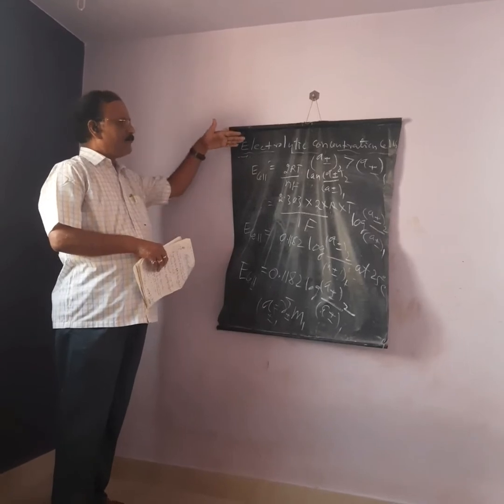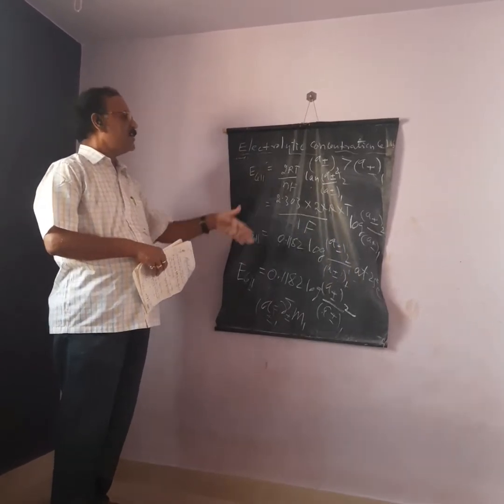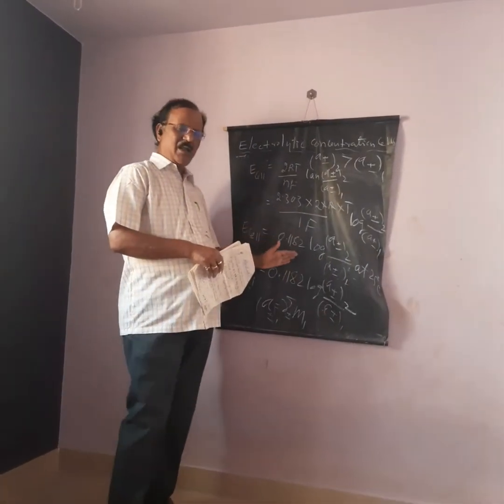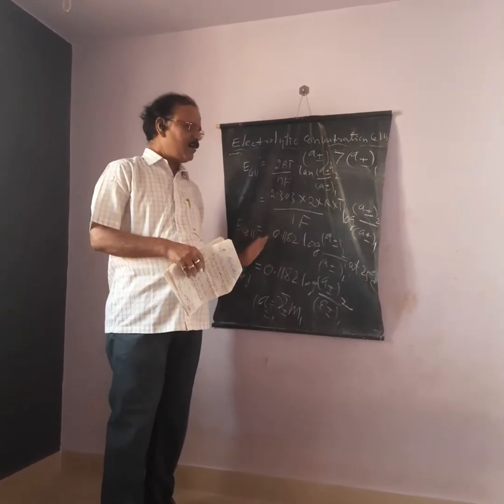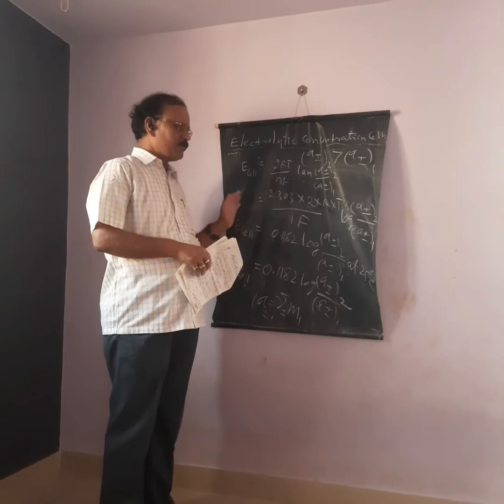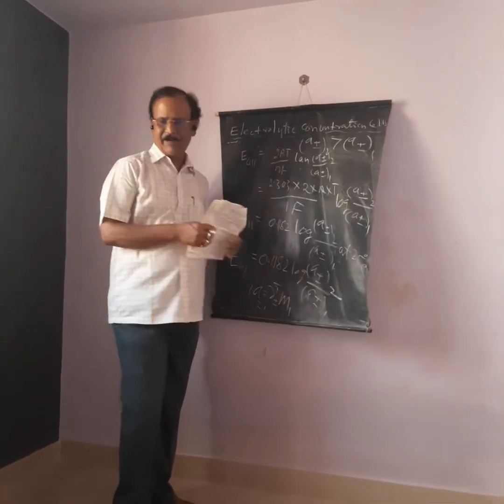The second example is zinc metal in zinc ion solution, and here it is hydrogen ion at different concentrations using hydrogen gas at 1 atmosphere in both compartments.